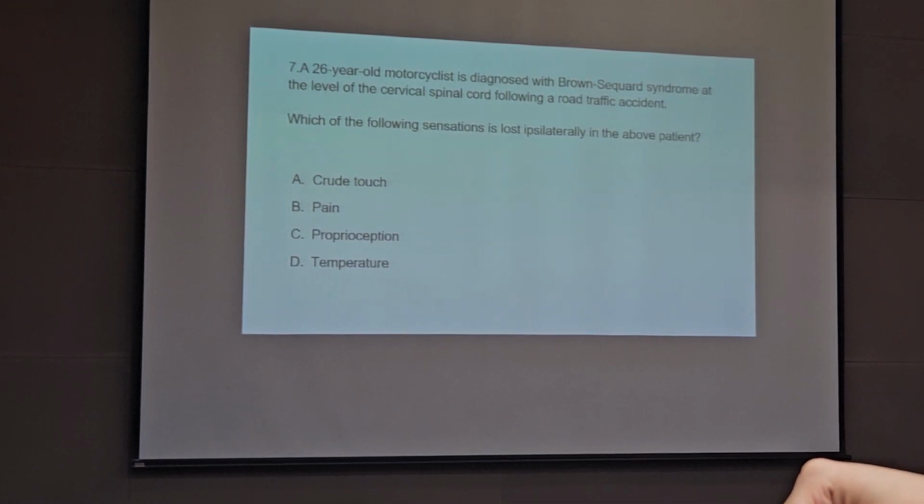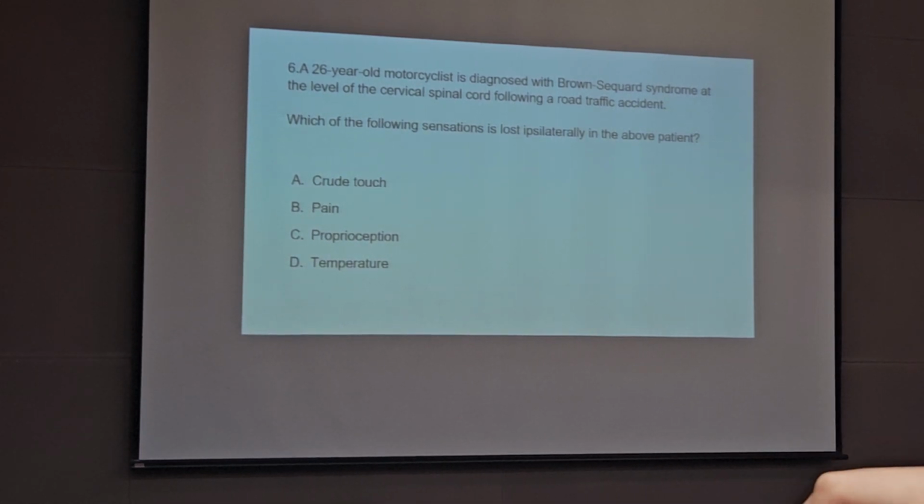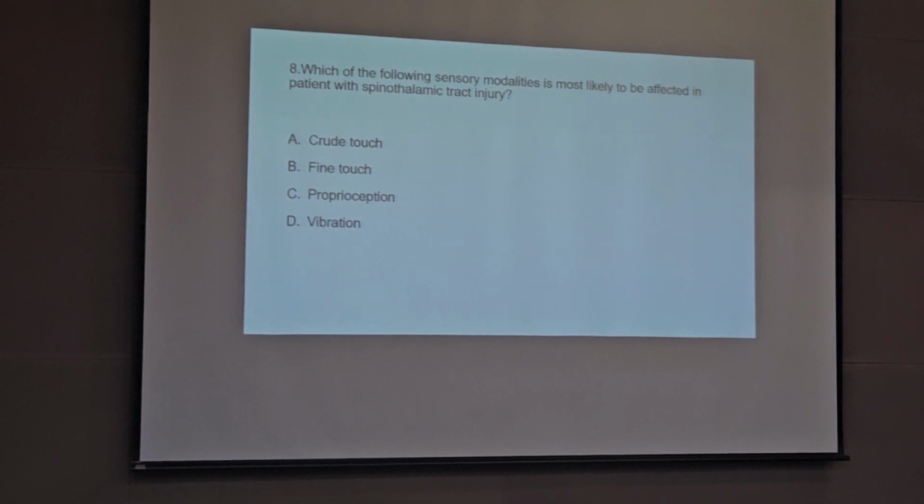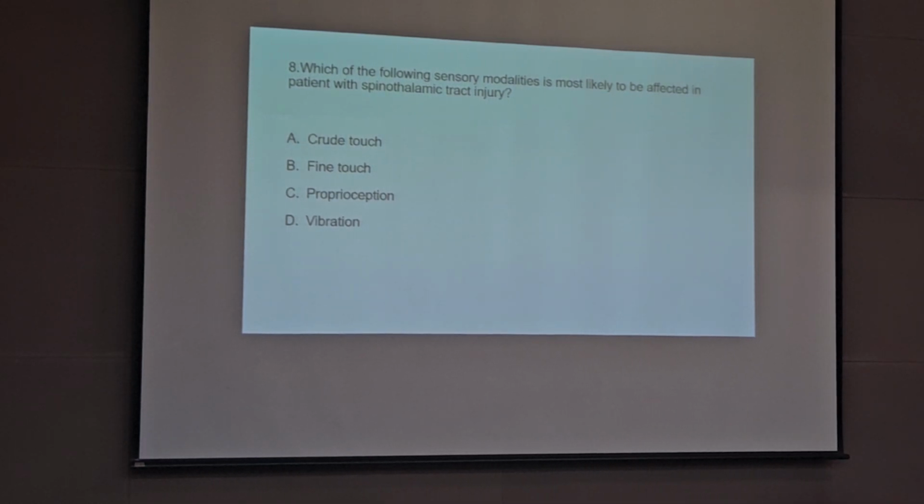Next. I only put 2. Which of the following sensory modalities is reflected in a patient with spinothalamic tract injury? Spinothalamic tract injury. But the spinothalamic tract is inclusive of the dorsal column, DCML pathway, and also anterolateral, right?